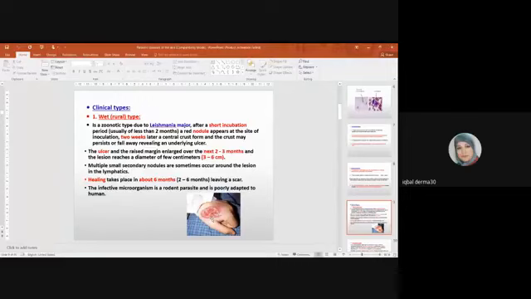Again, we are talking about the wet rural type of cutaneous leishmaniasis. It's a zoonotic type caused by Leishmania major. Short incubation period, less than 2 months. A nodule appears within 2 weeks, progresses to an ulcer of 3 to 6 centimeters within 2 to 3 months, and heals within 6 months with an atrophic scar.